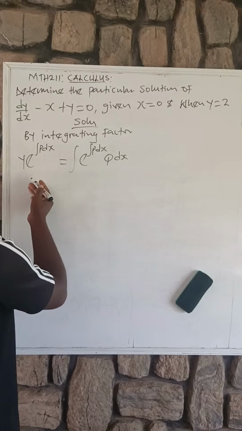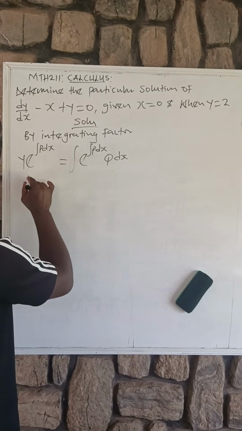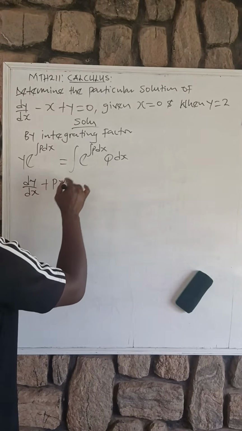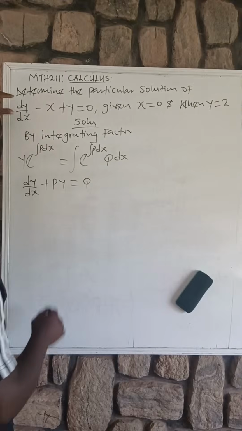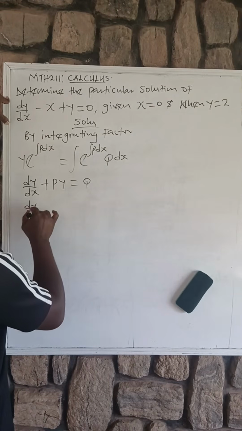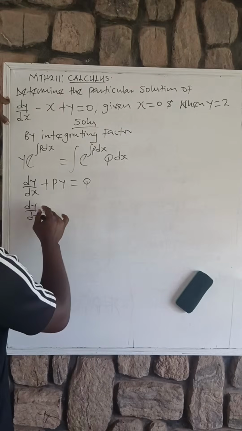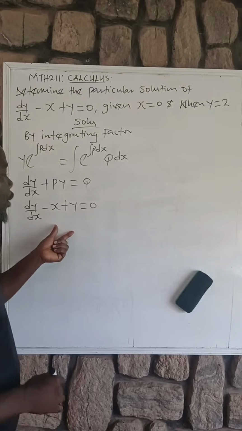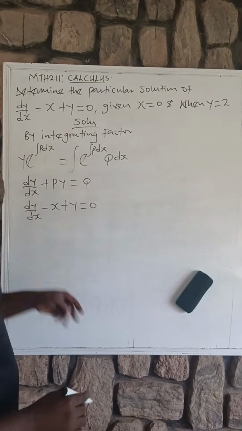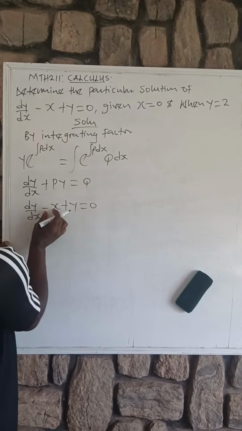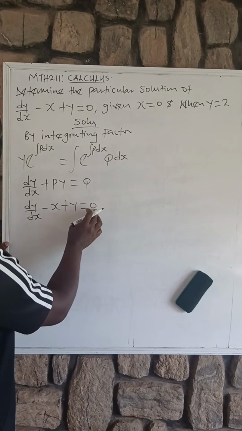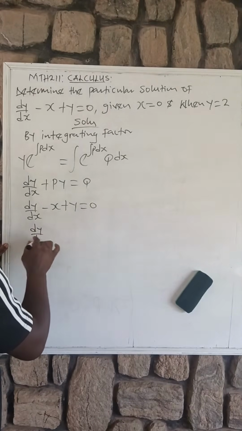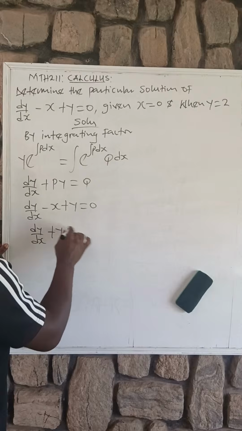Then we need to transform our differential equation into the form dy all over dx plus p of y equals q. But looking at this differential equation, we have dy all over dx minus x plus y equals 0. So we have to transform it into this form. You don't need a prophet to tell you: by the time this minus x crosses the sign of equality, it becomes dy all over dx plus y equals x.